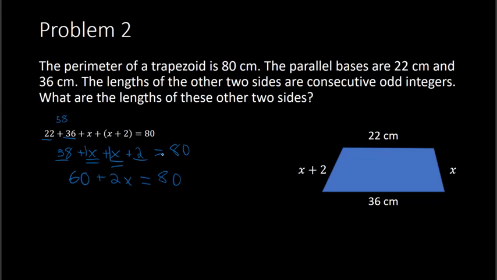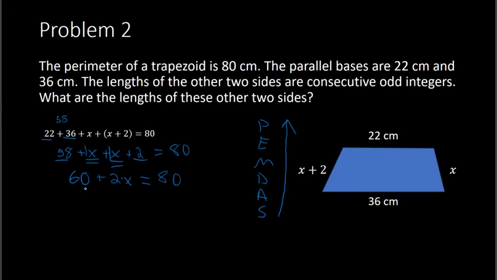So we have simplified. Now we need to solve. So to solve, we do reverse order of operations. So we begin with addition and subtraction first, and then we go from there. So be careful because we see the plus 2x. It could be tempting to do something with the 2, but remember this 2 next to the x means we're multiplying 2 times x. So we don't do multiplication until later.